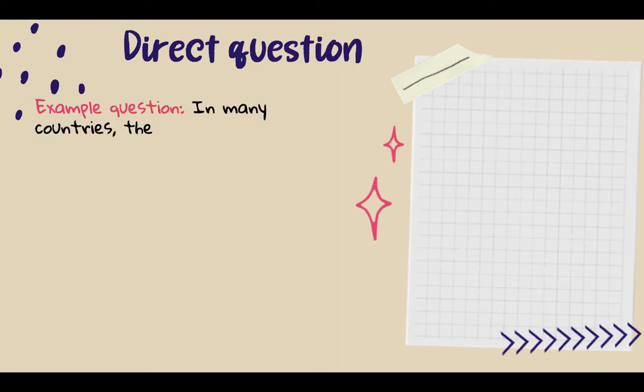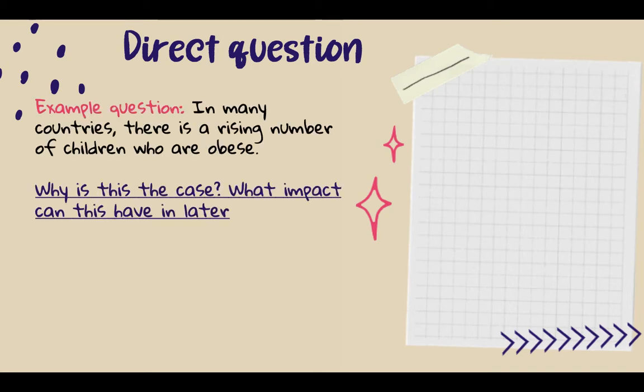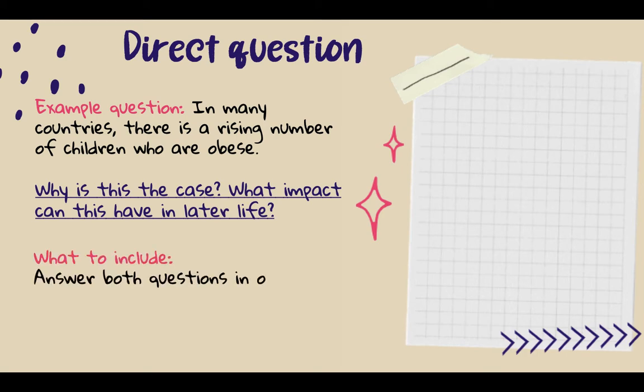Okay, so our essay question could be, in many countries there is a rising number of children who are obese. Why is this the case? And what impact can this have in later life? So simply, your thesis statement has to answer both questions in one or two sentences. And you will develop these ideas in the rest of the essay.